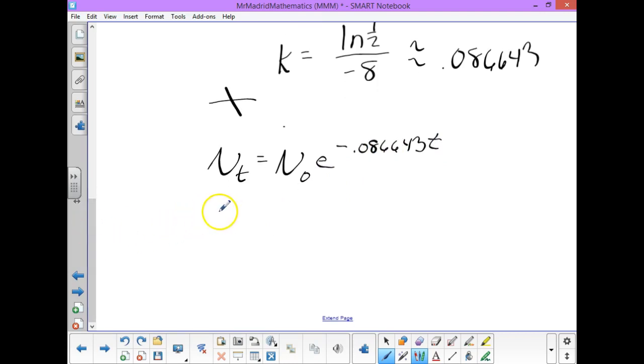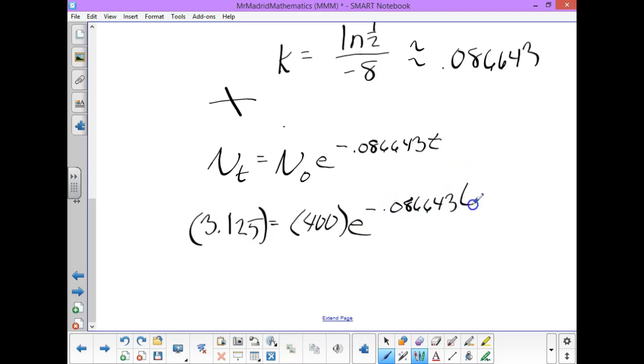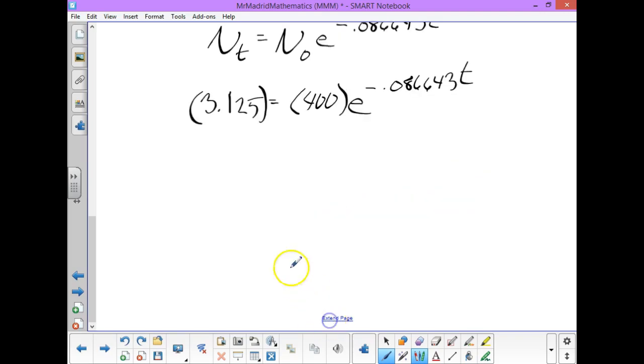As far as the storyline problem, this is what we're concerned about it decaying into. Since I'm substituting, I'll put parentheses. We've got that initial amount, we've got e, and we've got this exponent up here, 0.086643, our decay constant times time.